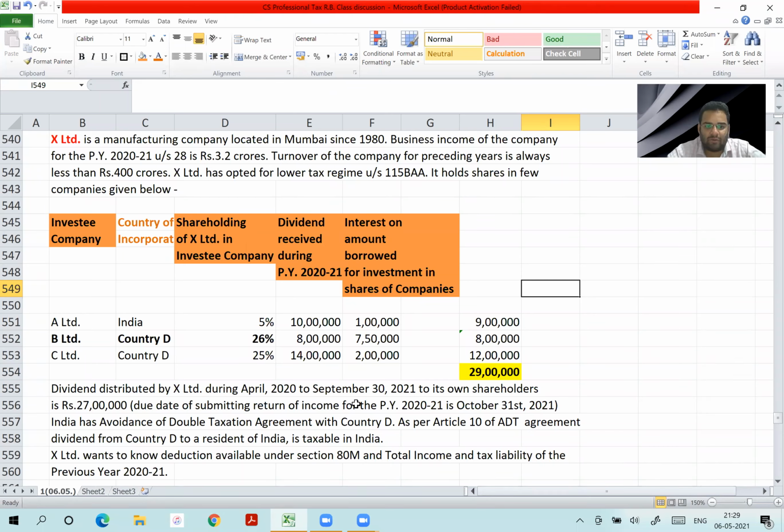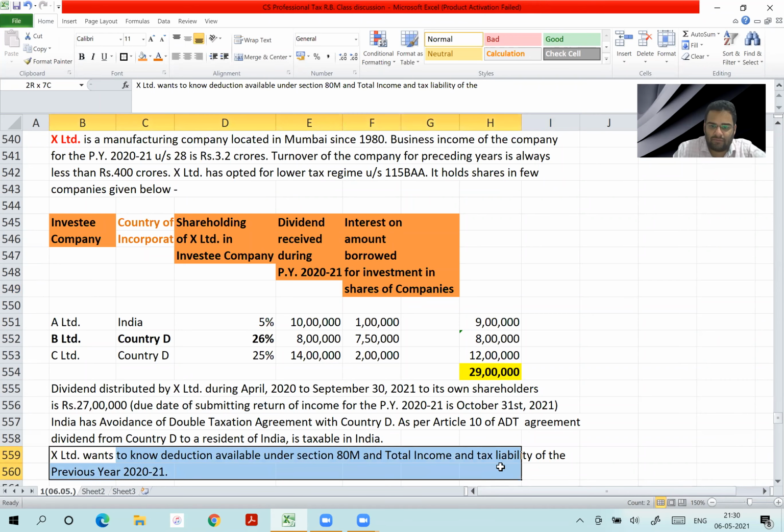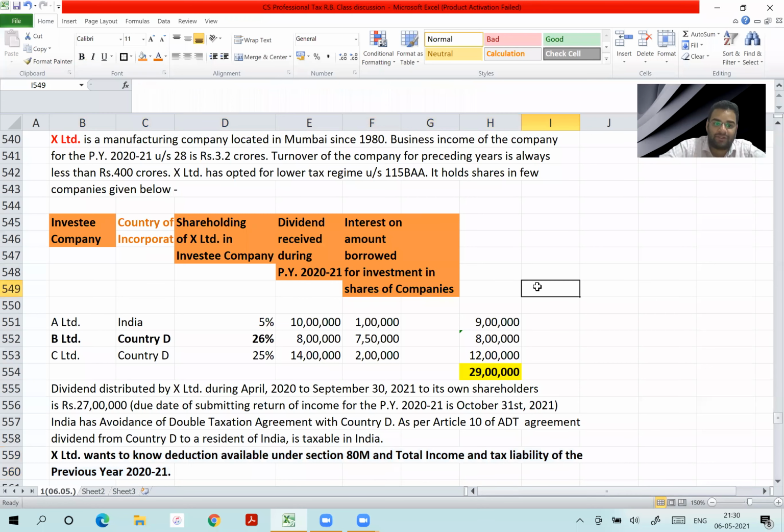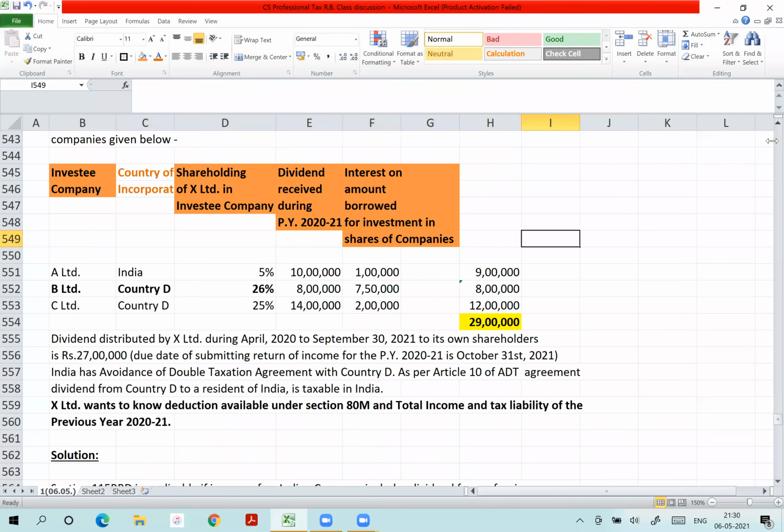India has an avoidance of double taxation agreement with country D. As per Article 10 of the agreement, dividend from country D to a resident of India is taxable in India. You can neglect that point. X Limited wants to know the deduction available under Section 80M and the total income tax liability of PY 2021.